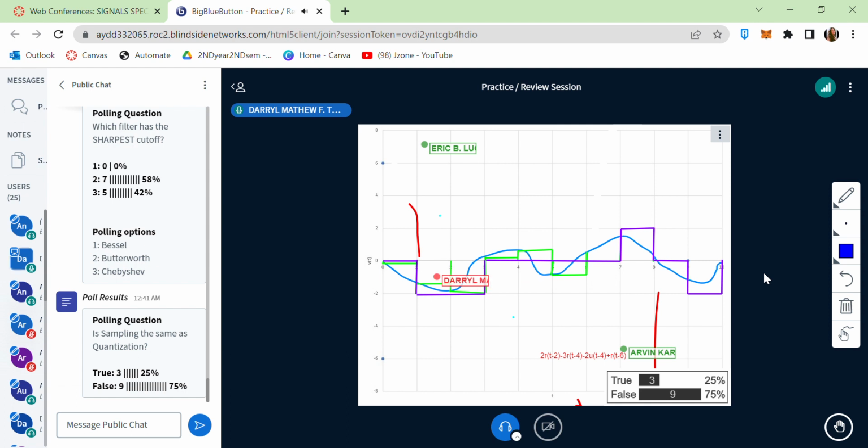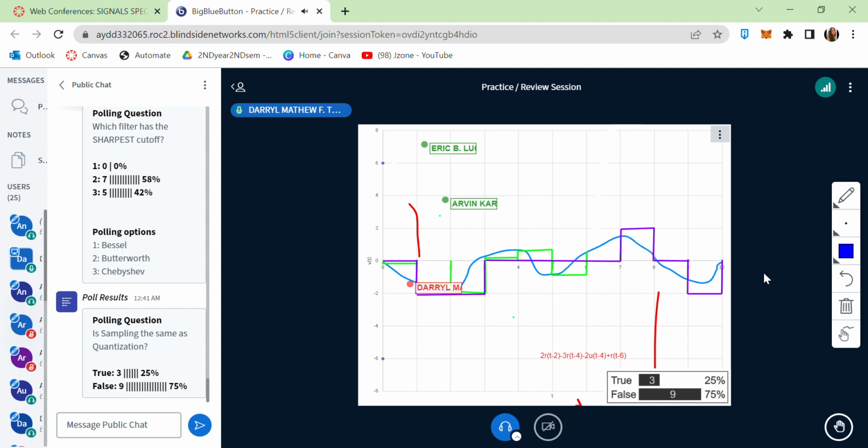So, you may notice yung sample natin in green, hindi siya aligned at all with yung purple. Remember, yung gap ng green and purple, yan yung error ng quantization natin. Yung quantization, ni-round off niya para ma-represent niya as data. That's why quantization is not the same as sampling.